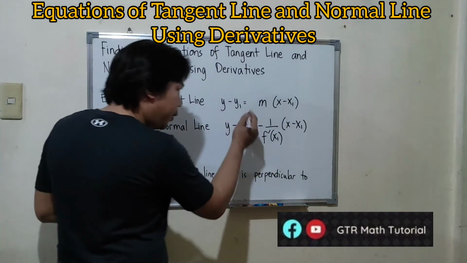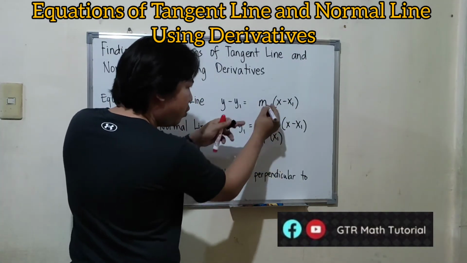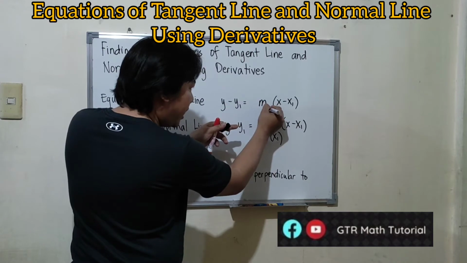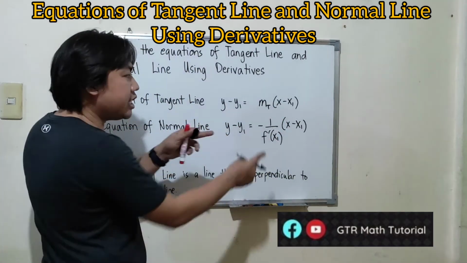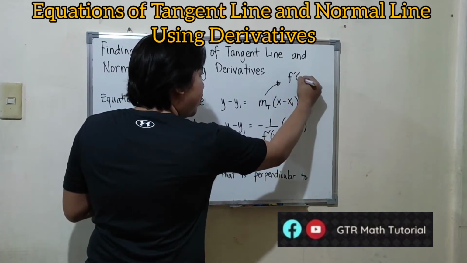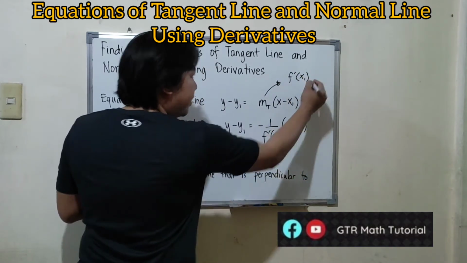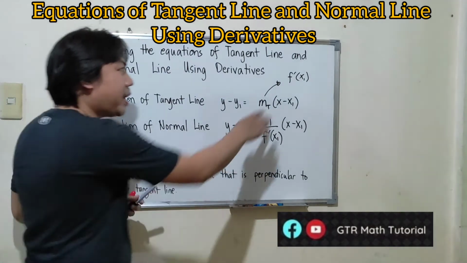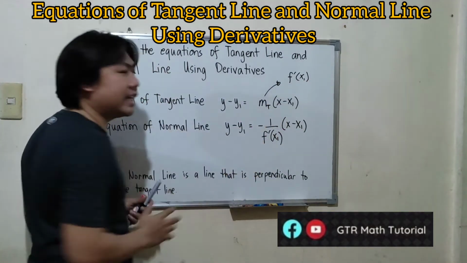Okay? So instead of m, we put the slope of the tangent line, which is equal to f prime of x sub 1.